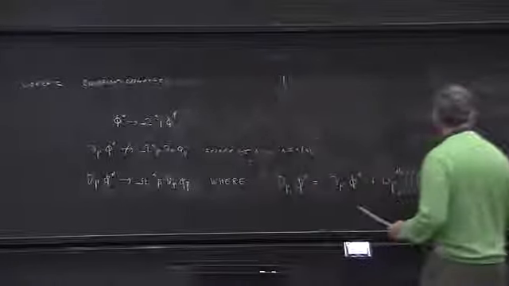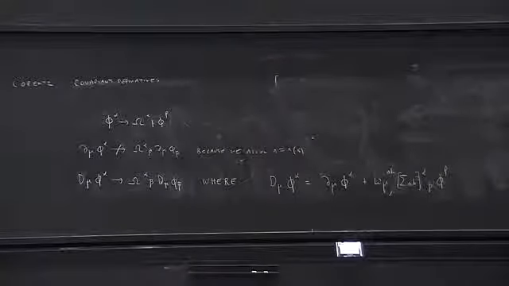And what is omega mu AB? Well, this is a new field. You remember in electromagnetism we needed an A mu field to form a covariant derivative. In gravity we needed the Christoffel symbol to form a covariant derivative.